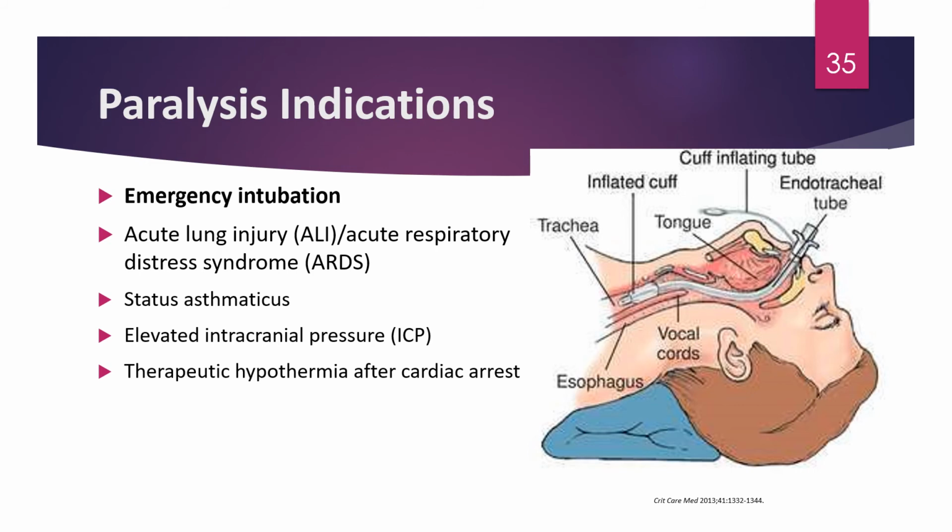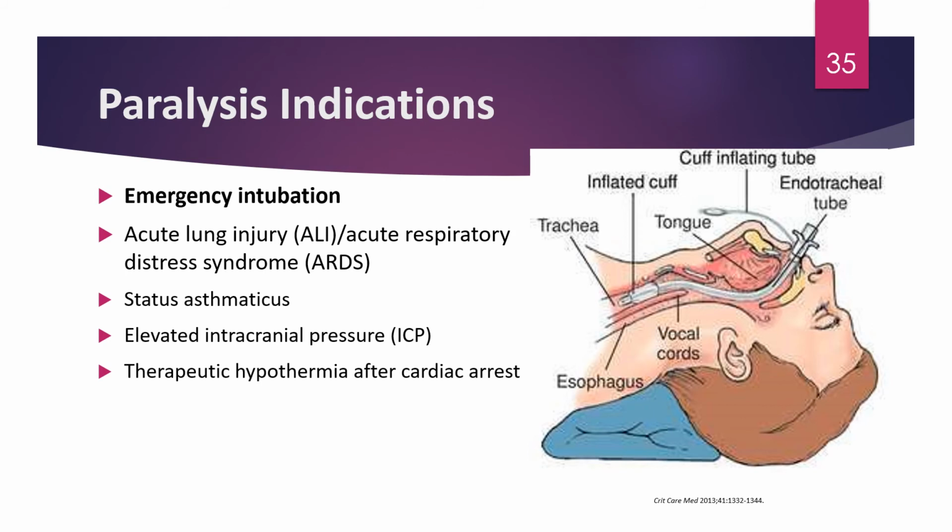Acute lung injury or acute respiratory distress syndrome, because remember, paralysis can improve chest wall compliance and decrease ventilator dyssynchrony, or basically minimize the disagreement between the patient and the ventilator.